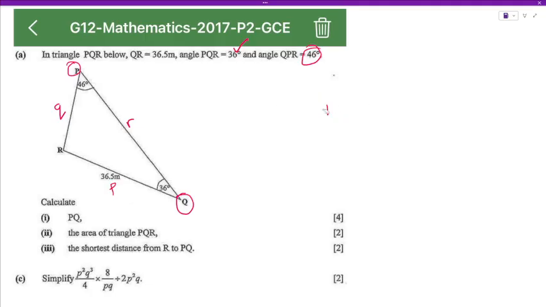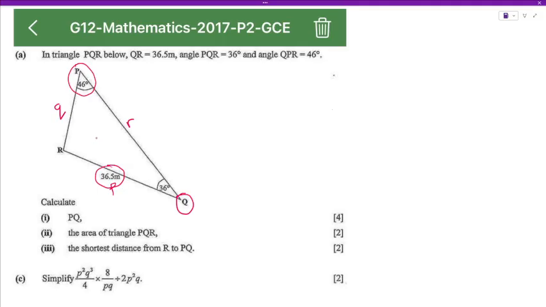You know, to say for me to use the sine rule, I need to know at least one side and its corresponding angle. So do you have any side that is known and its corresponding angle in this triangle? Yes, you have that. Okay, this side here and this corresponding angle are both given. All right, therefore here you can use the sine rule.